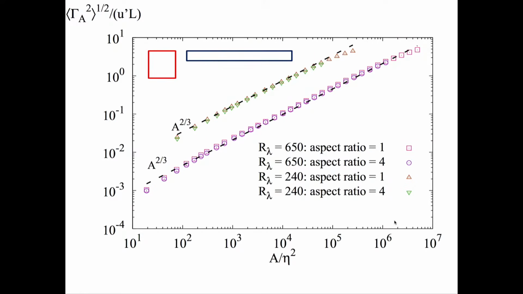These are the two objects around which circulation is computed. Because of this independence of the aspect ratio, you can only consider squares henceforth. We have established that quite nicely, and therefore it makes your life a little bit simpler. Otherwise, you will have to do it for different aspect ratios, etc.